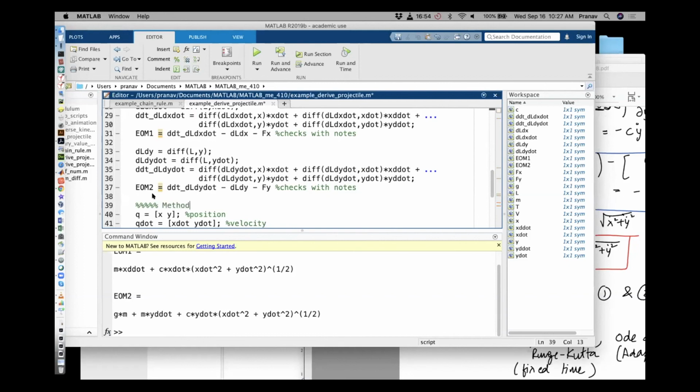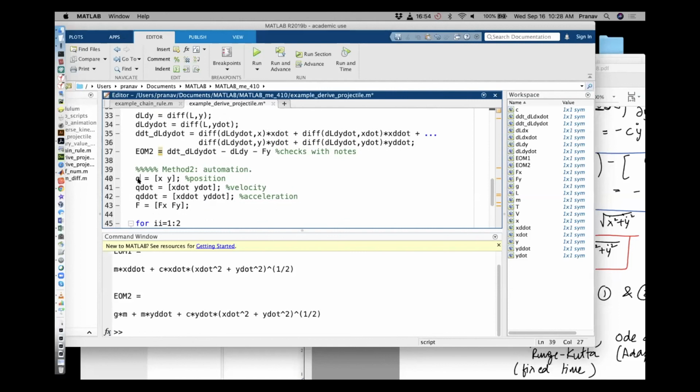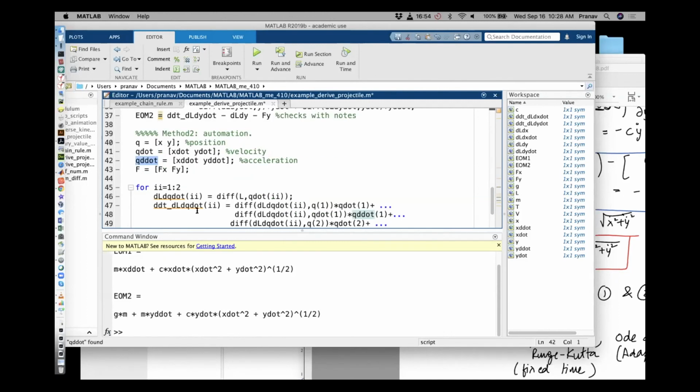So method 2, automation. In this, what I do is I define q double dot as whatever my degrees of freedom are, x and y, define f, and then I just have a for loop which does it for me.